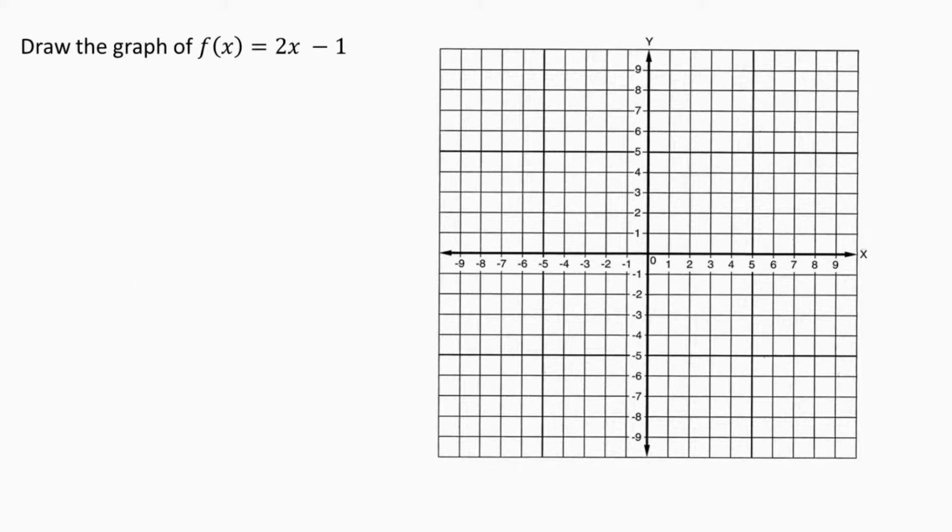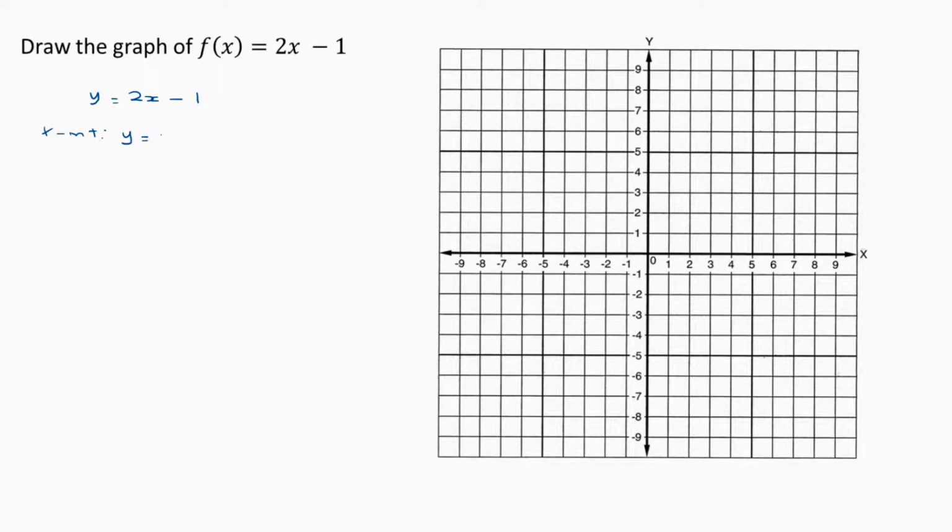So let's try that with this graph right here, graph of f of x equal to 2x minus 1. So we say f of x, or we can say y equal to 2x minus 1. Let's look at the x-intercept.